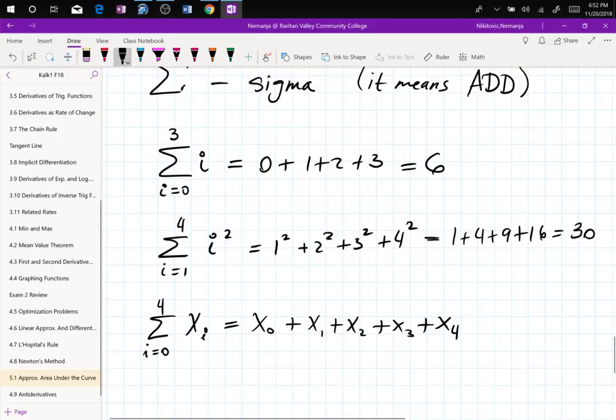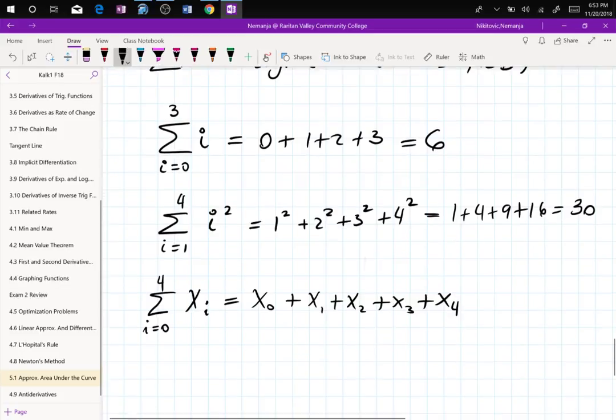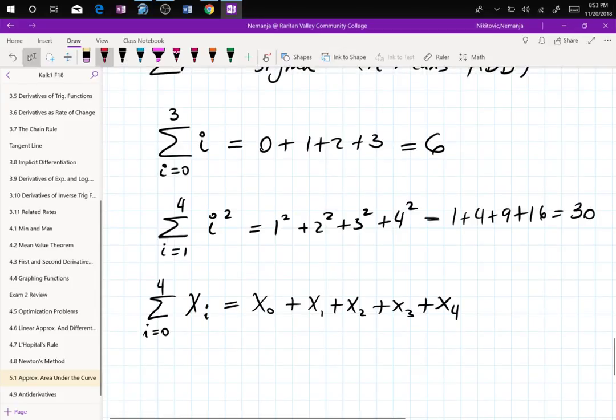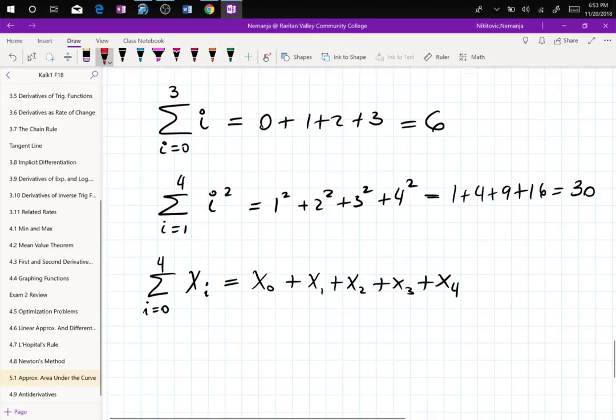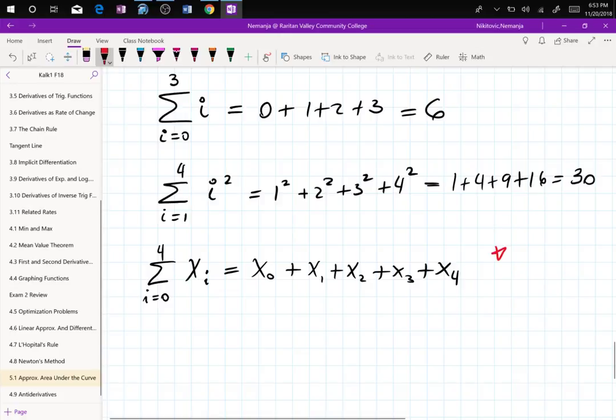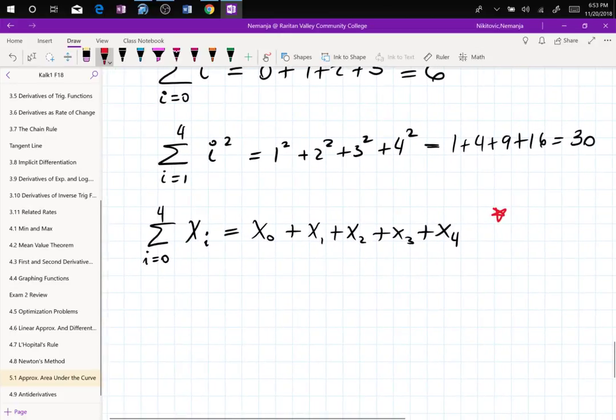We stop at the top number, and the top number is 4. You can have any function you want that involves these i's.